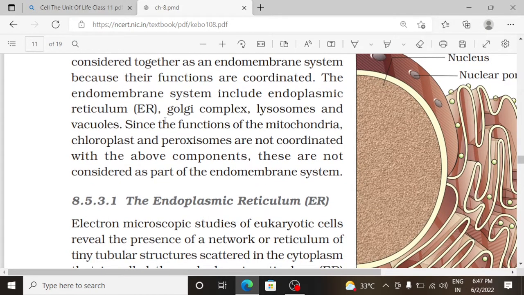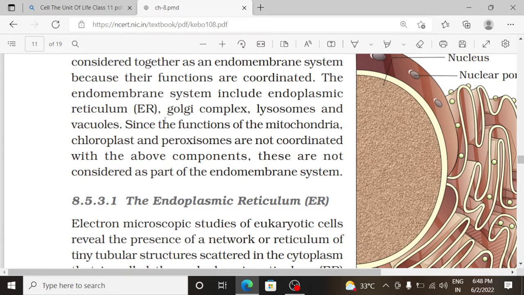The endomembrane system includes the endoplasmic reticulum, Golgi complex, lysosomes and vacuoles. Since the functions of the mitochondria, chloroplasts and peroxisomes are not coordinated with the above components, these are not considered as a part of the endomembrane system.